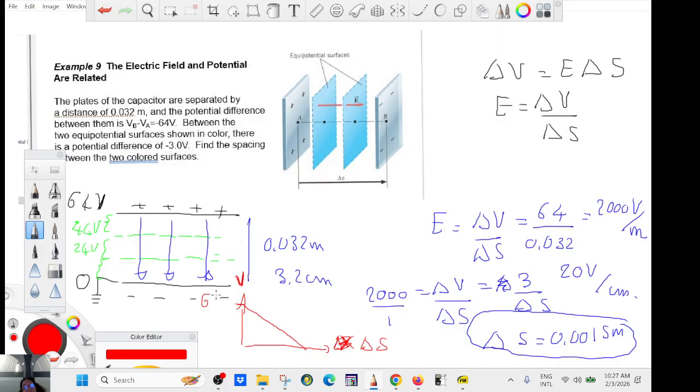It goes from 60 volt to 0. The slope is 20 volt per centimeter. The slope is the electric field. You have to remember that the electric field is the slope of the voltage. That's a different way to look at it.